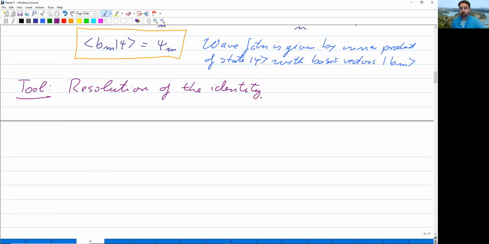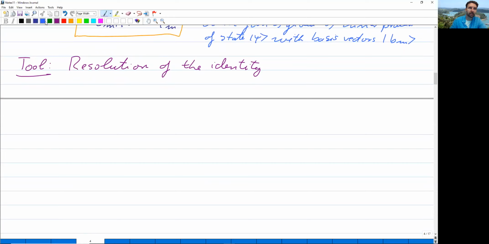This will be a very useful tool for bridging between abstract formulations and concrete formulations, that is to say, basis independent formulations and basis dependent formulations of our equations. So we begin with this.